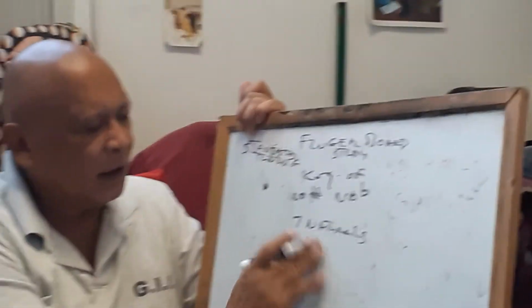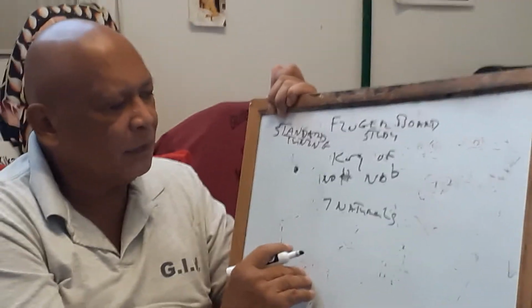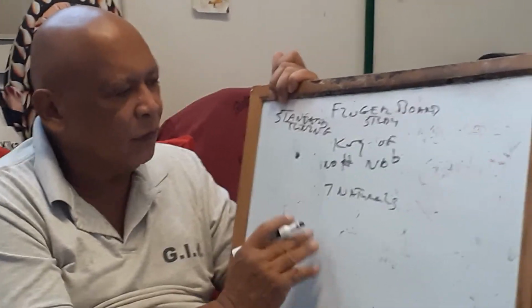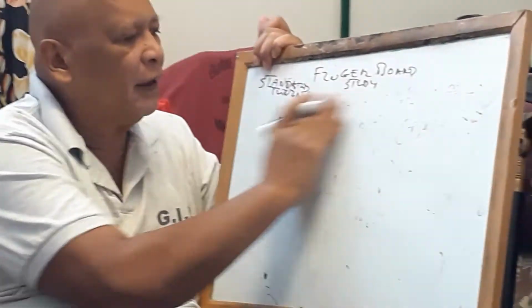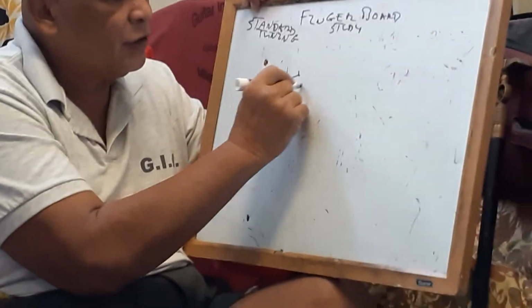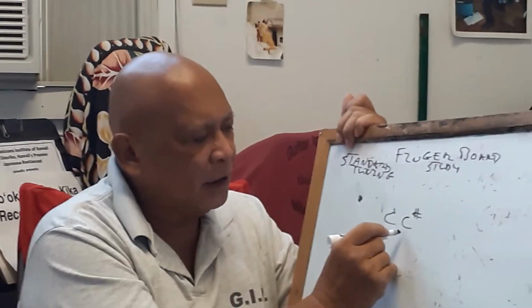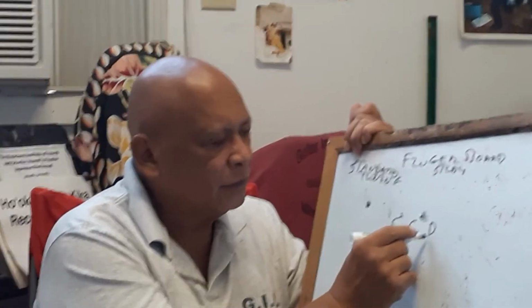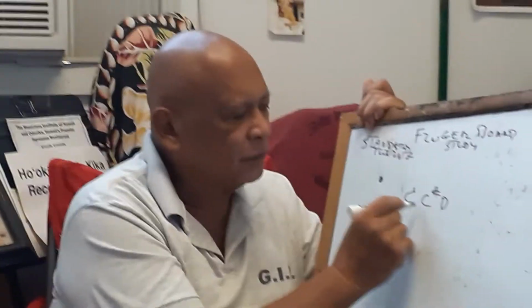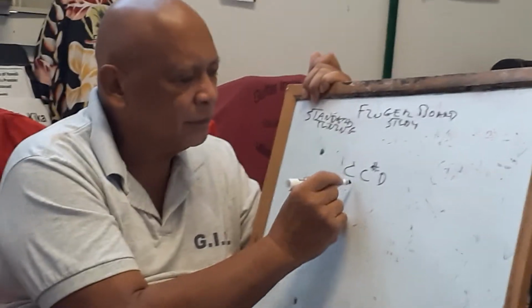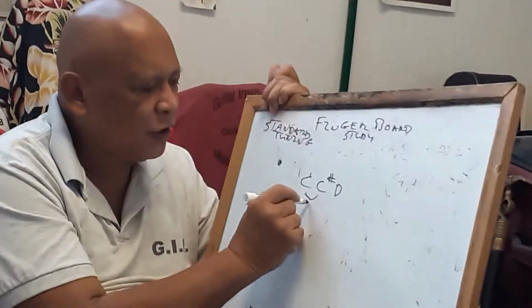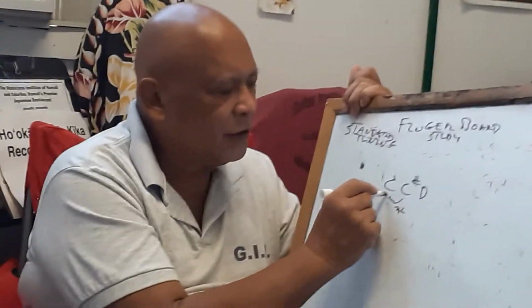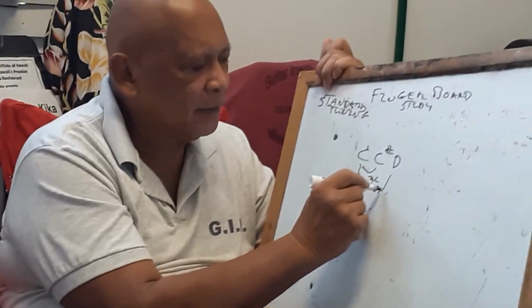Okay, so basically, when you're looking at it this way, from C to C sharp, from here to here, and from C to D is a major second. From C to C sharp is a minor second. C to D is a major second.